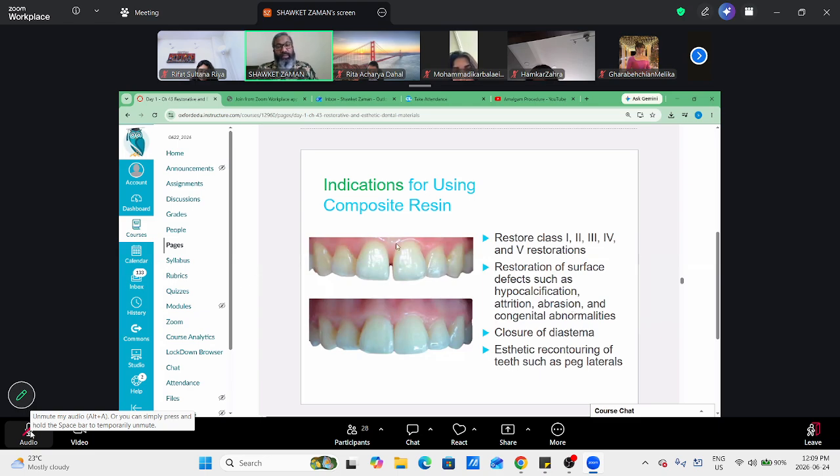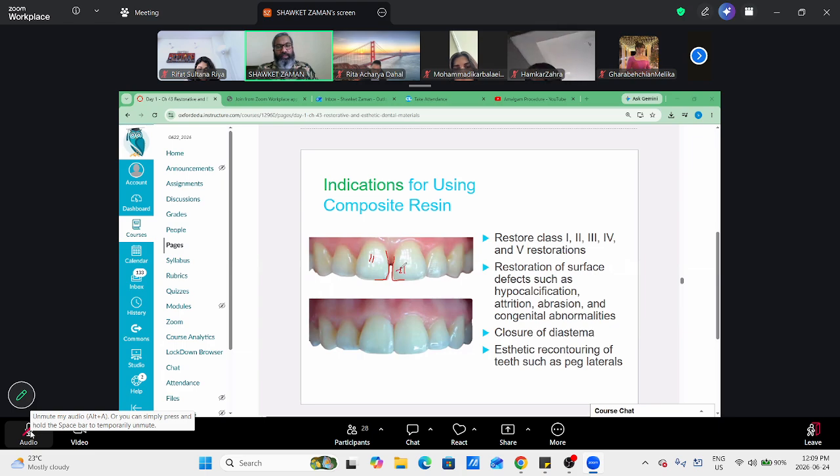So diastema means the space between the maxillary central incisors. This one is our maxillary central incisors. When you see the gap, that is the mesial border of the central incisors. This is tooth number 1, and this is another mesial border, tooth number 2, 1.